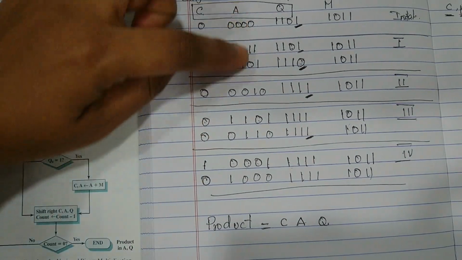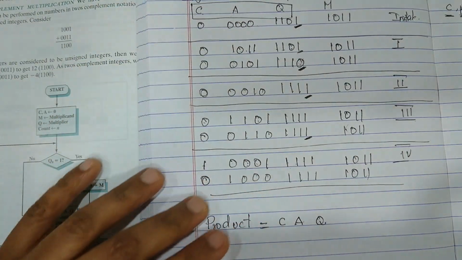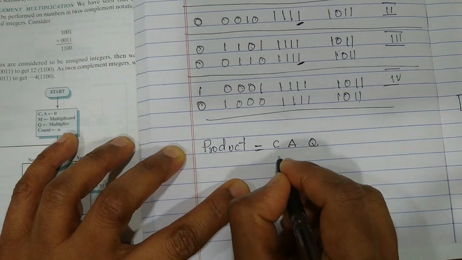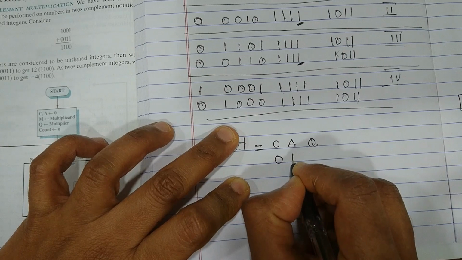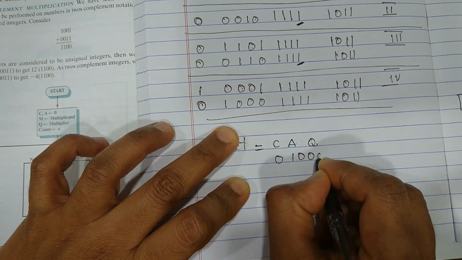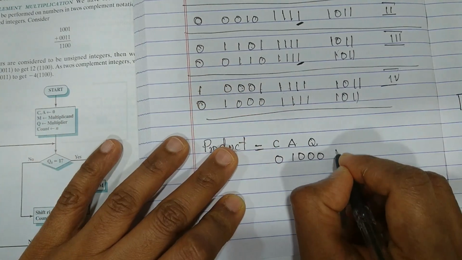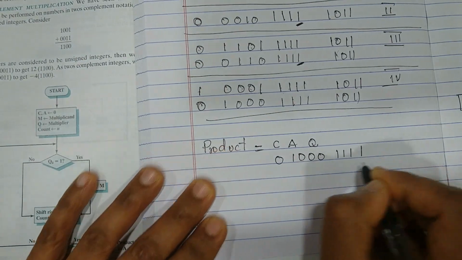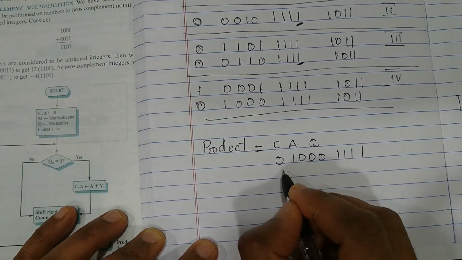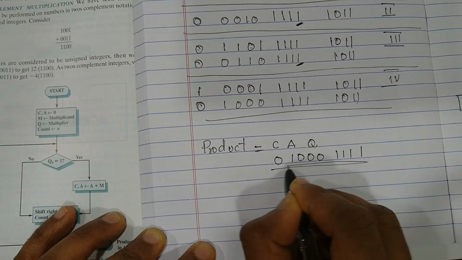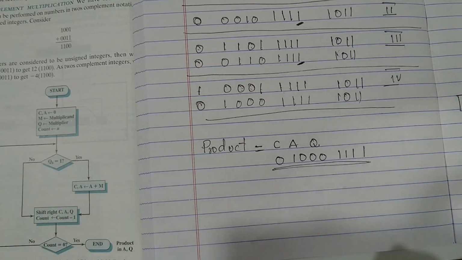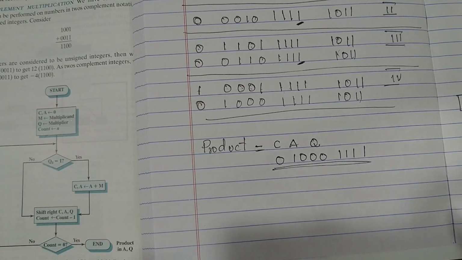A is here and this is the Q. So C contains a 0. A contains 1, 0, 0, 0 and the Q contains 1, 1, 1, 1. So this is the product, the answer of the question. So this is the algorithm for unsigned binary multiplication.